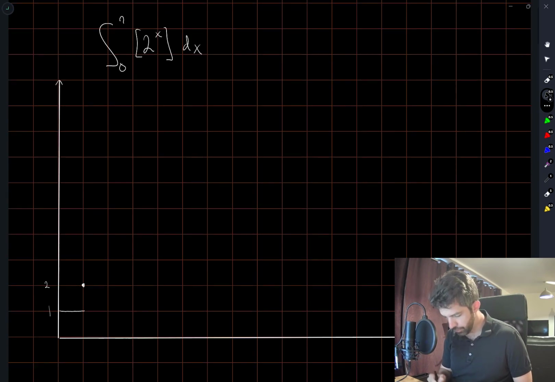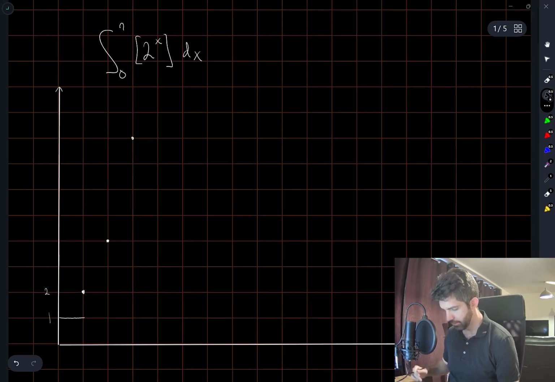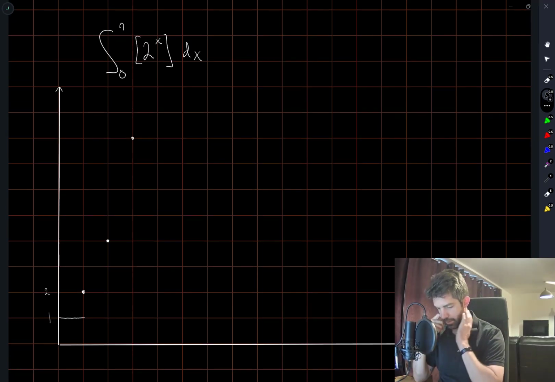When x is equal to 2, this thing will be equal to 4. When x is equal to 3, this thing will be equal to 8. But it kind of skips up in between these things, sort of logarithmically along the base.